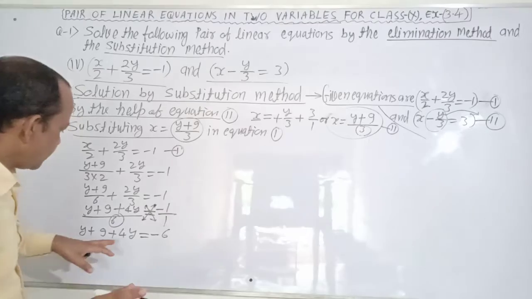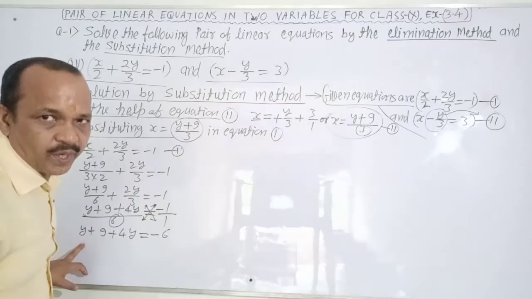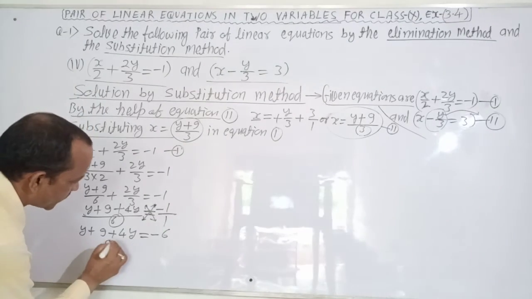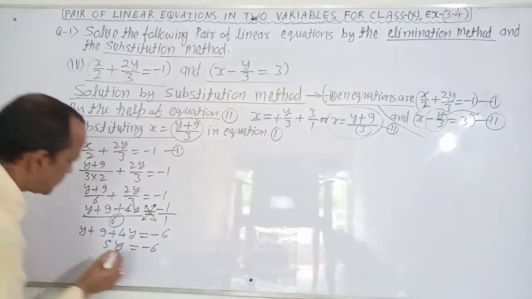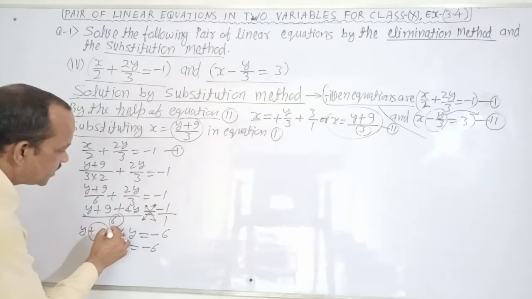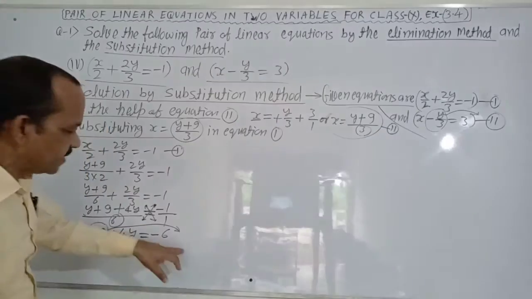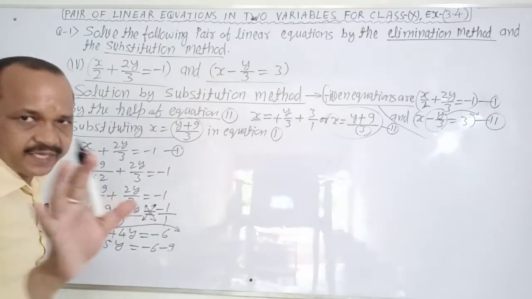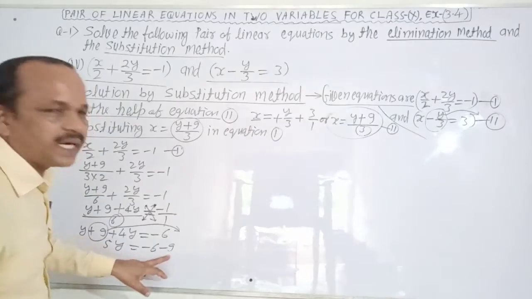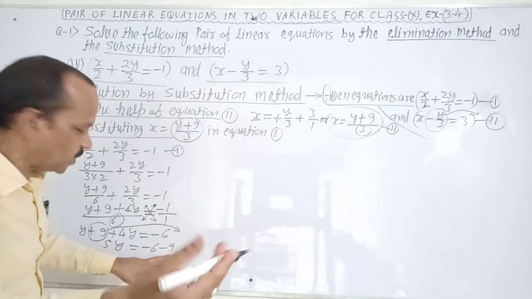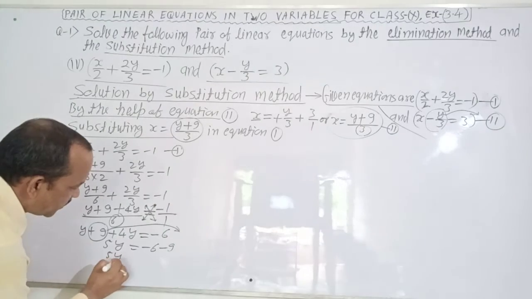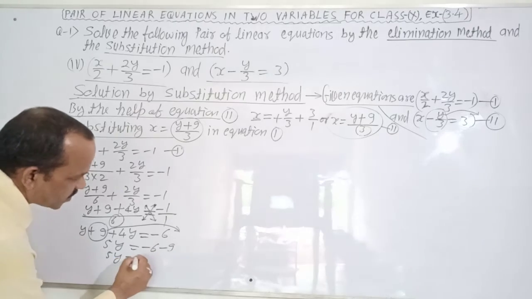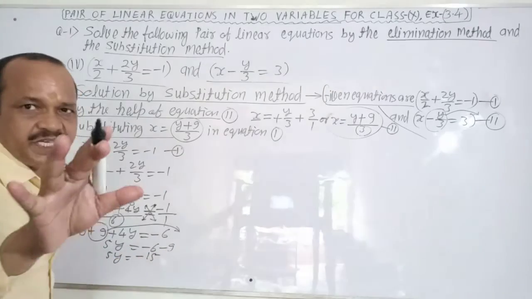Here 4y and here 1y, it becomes 5y equal to minus 6. Here plus 9, you write plus 9 on the right side of equal, it becomes minus 9. 5y equal to minus 15.